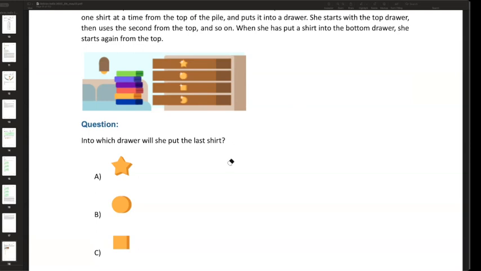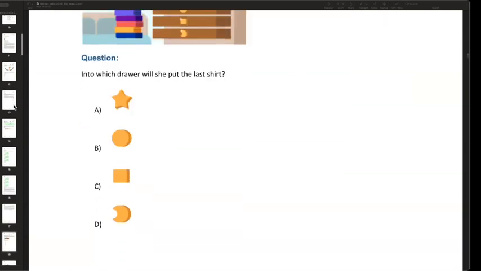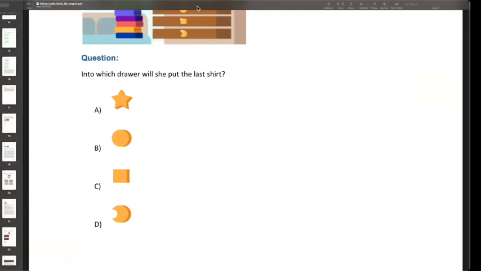Everybody understanding so far? All right. So should I move on to the next question, or does anybody have any doubts with the previous question so far?